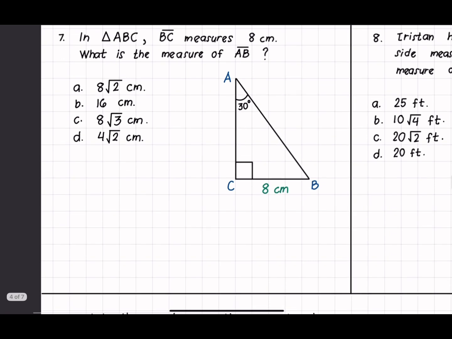Next, for number 7, in triangle ABC, BC measures 8 centimeters. What is the measure of AB?